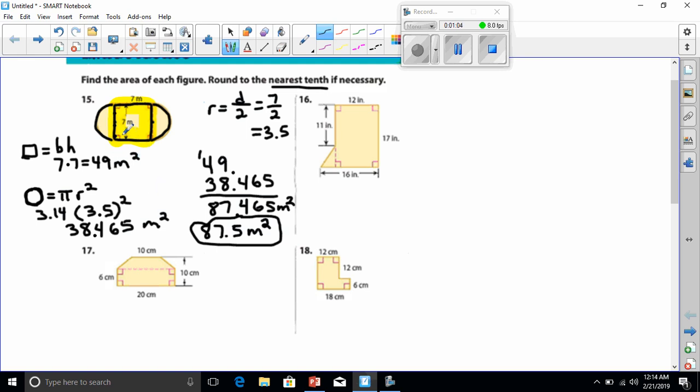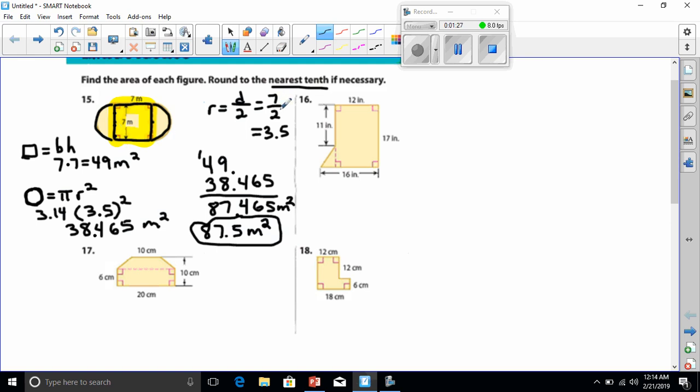The semicircle now, we know that the formula for the area of a circle is pi r squared. So pi is 3.14, and now we have to find the radius r. Well, we know the diameter of this circle is going to be 7 because it goes from one way to the other right down the half.